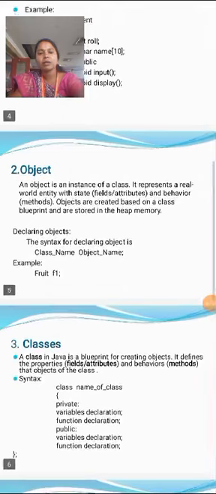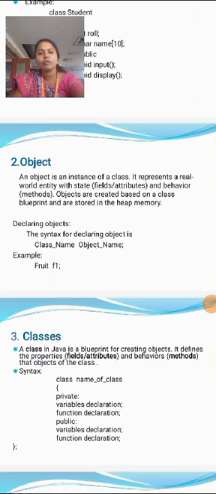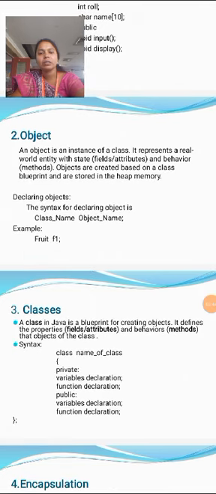The syntax of a class is class, name of the class, open braces, private variable declaration and function declaration, public variable declaration and function declarations. Private and public are the access specifiers. We have to create the class, methods, and object. We use public and private keywords so we can access some data or information from the class.